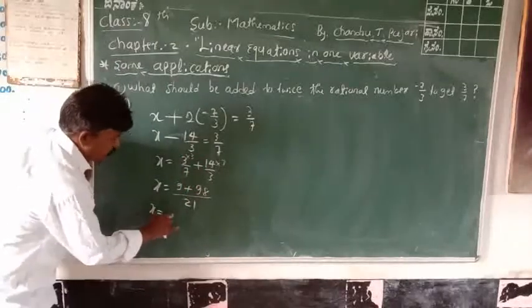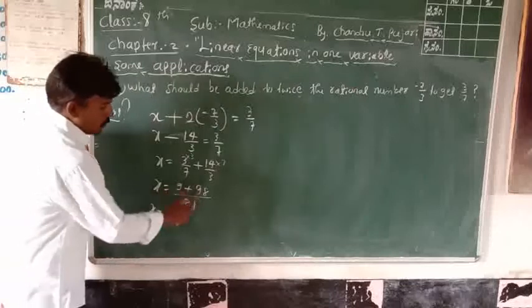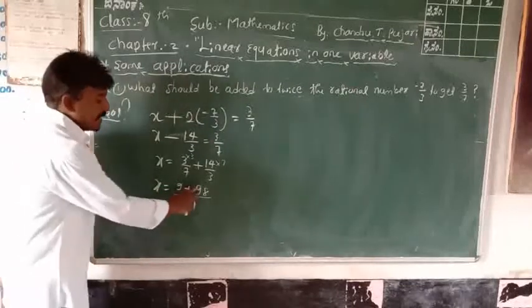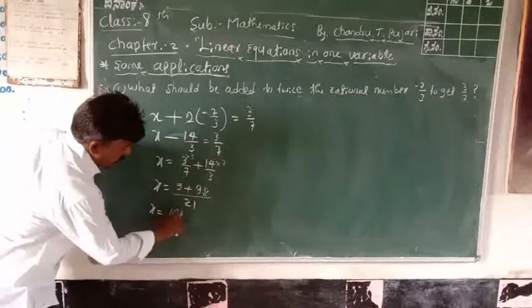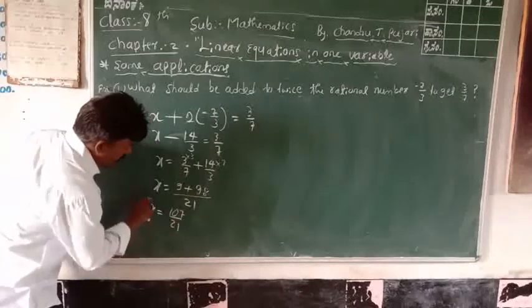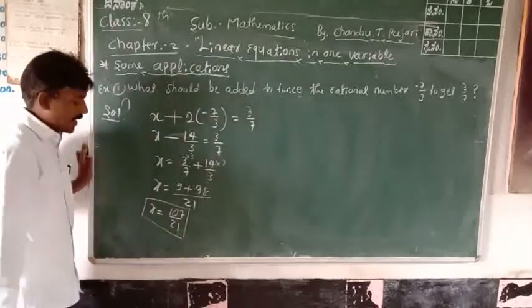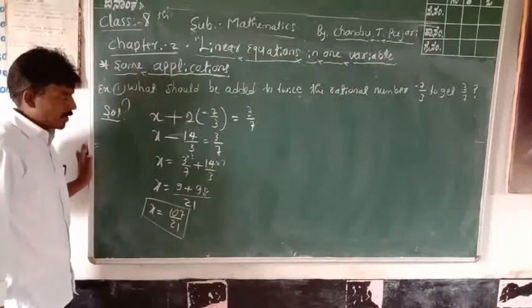Therefore, x is equal to the addition in the numerator, 98 plus 9, which is 107 divided by 21. Therefore, the x value is 107 by 21.